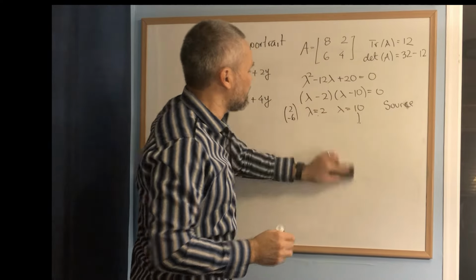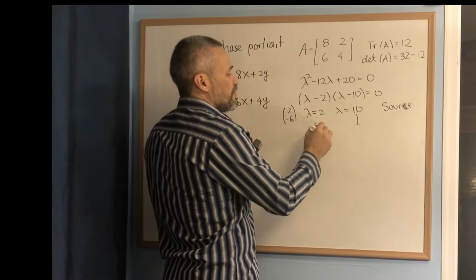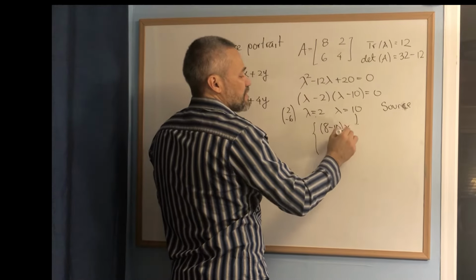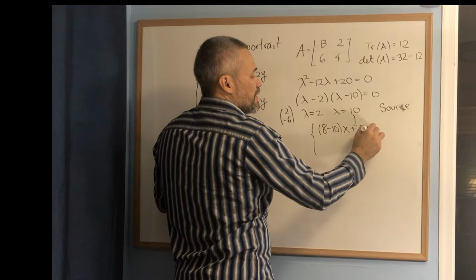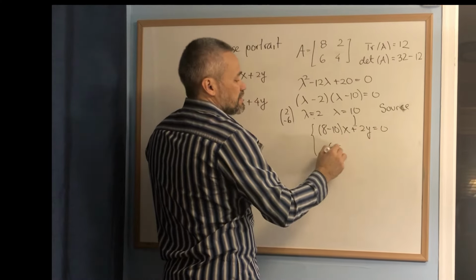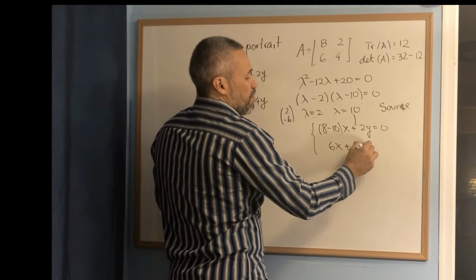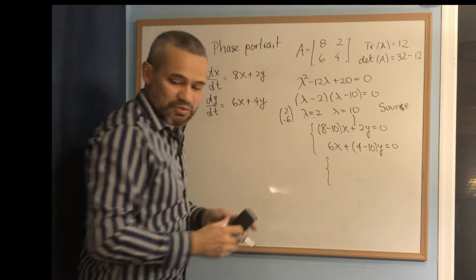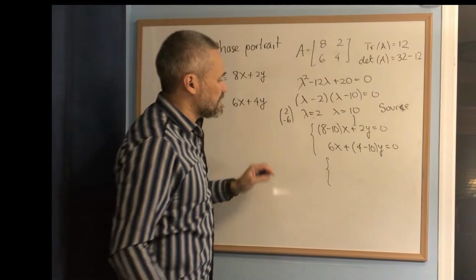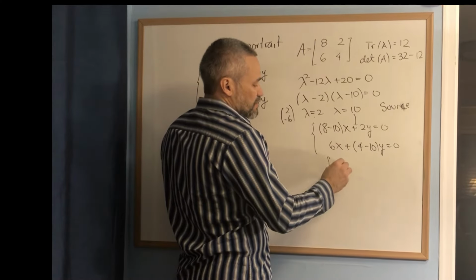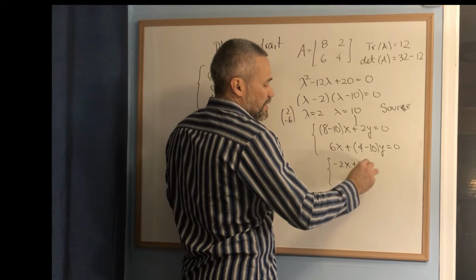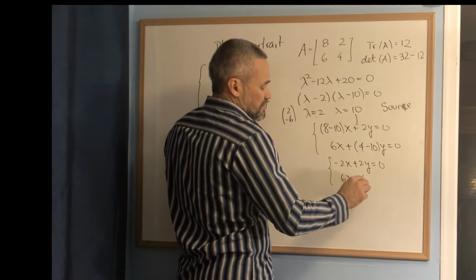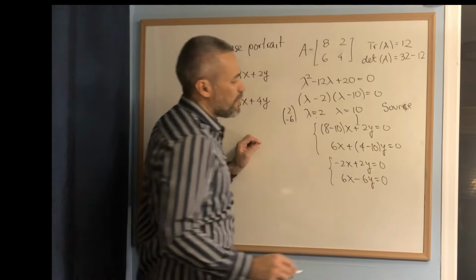For lambda equal 10, we have 8 minus the eigenvalue lambda times x plus 2y equals 0, and 6x plus 4 minus 10 times y equals 0. These two equations are supposed to be essentially the same. Let's see, here we have negative 2x plus 2y equals 0, and here we have 6x minus 6y equals 0.